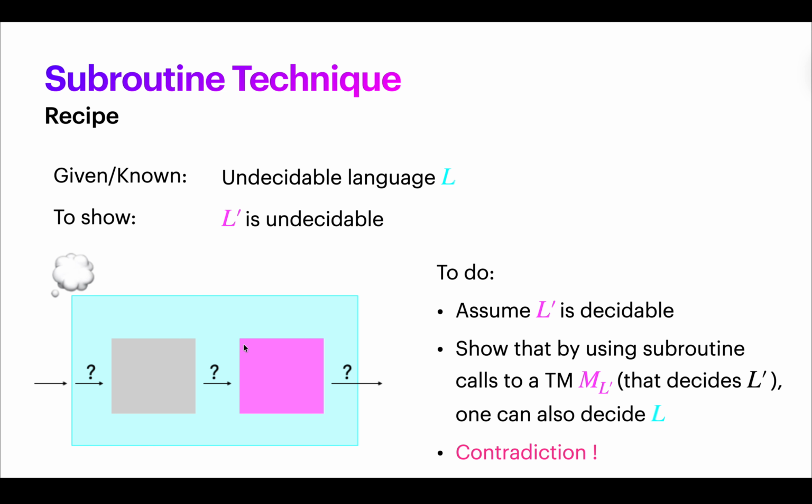If we can construct the Turing machine in a way that we use the Turing machine that may decide L prime, then if there exists a Turing machine that uses this and decides L, this would contradict the fact that L is undecidable, which would make our assumption wrong that there exists a Turing machine that decides L prime. And this would also make our assumption wrong that L prime is decidable. So then we would conclude that L prime is undecidable.